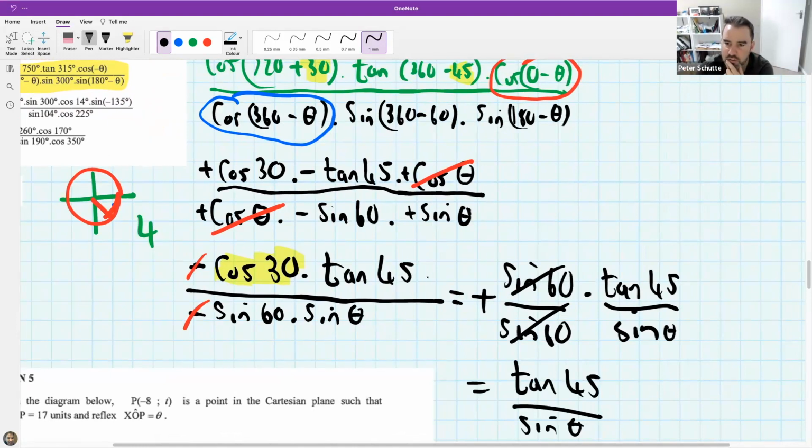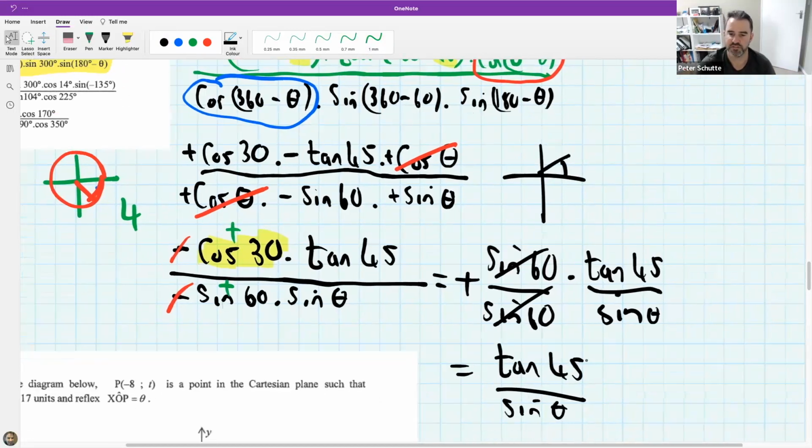Positive cos theta is not negative. Yeah, positive cos 30 is in the first quadrant. So even though there was a negative in front, the negative has been cancelled out. The cos of 30 is in quadrant 1. So everything in quadrant 1 is positive. And everything over here, so both of these are positive.